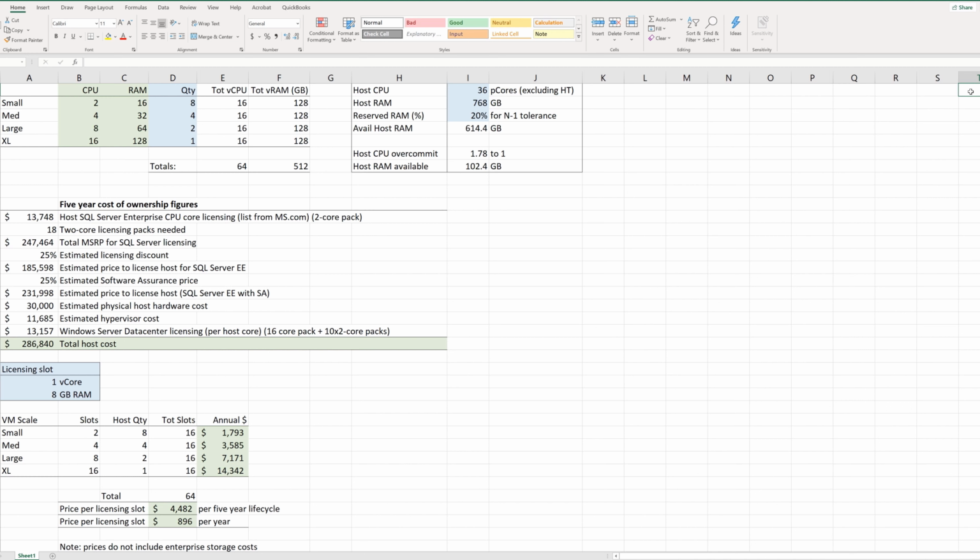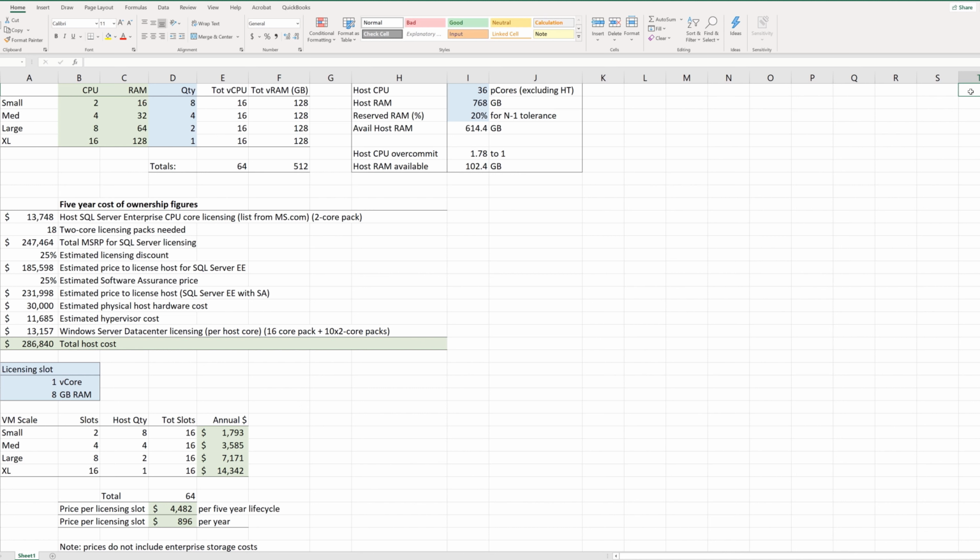Now, I'm estimating a license discount of 25%. Your prices could be completely different with this example. That brings us to just under $186,000 USD for the estimated price to license this host for Enterprise SQL Server. Now add 25% for software assurance so that we have the virtual machine mobility rights to move them to other hosts. That brings up the estimated price to $232,000 USD.